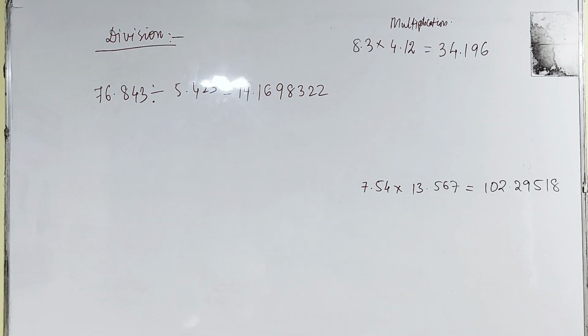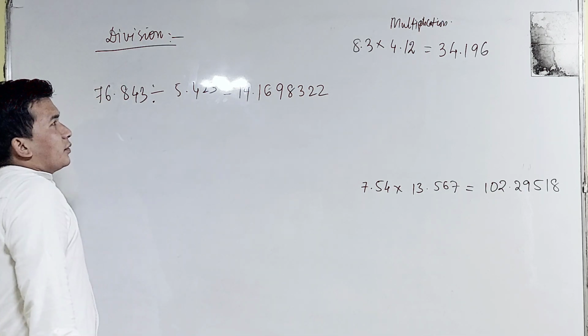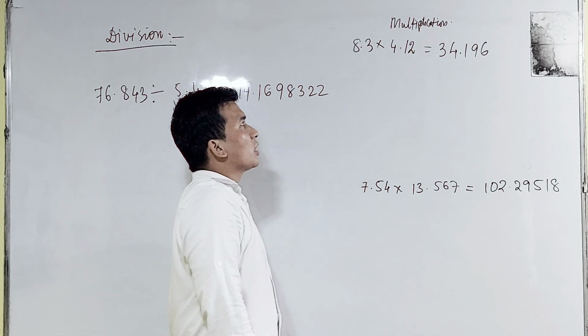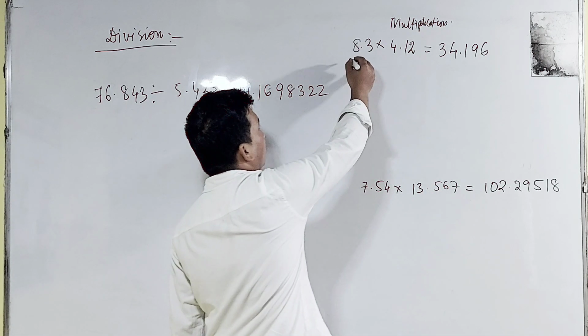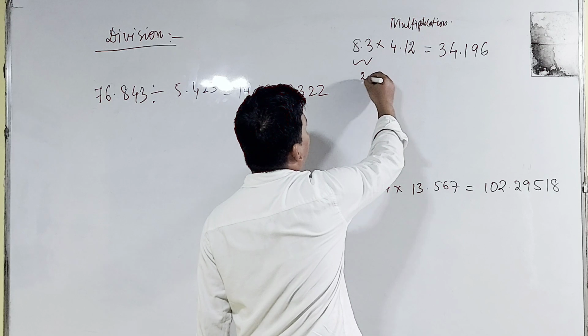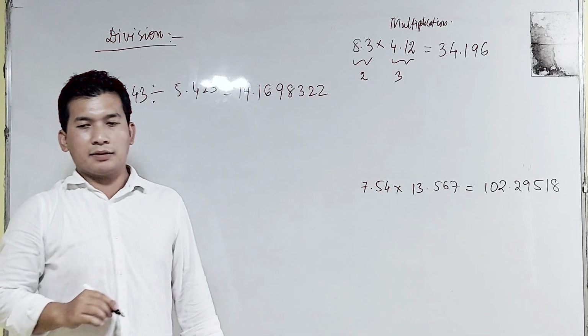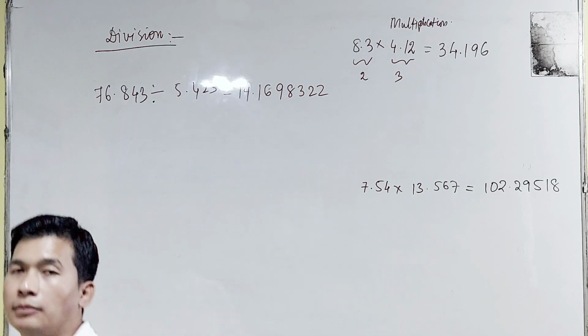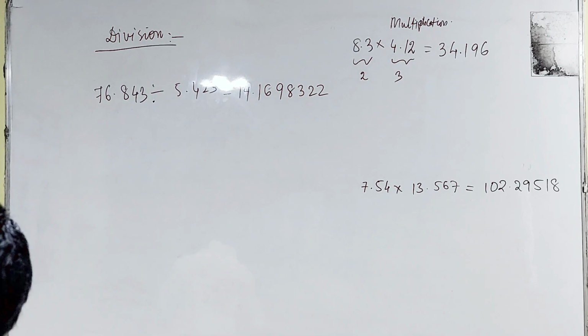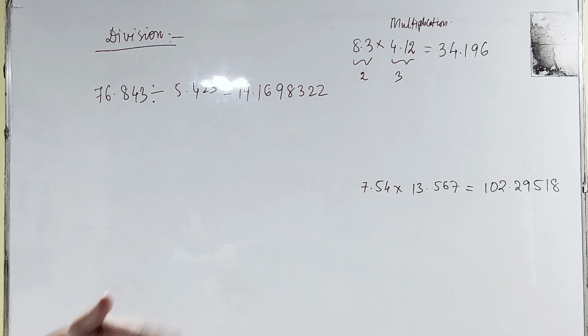For multiplication we have two numbers: 8.3, and it is being multiplied with 4.12. How many significant figures are here? This will have 2 significant figures and this will have 3 significant figures. In addition and subtraction we take the method of column addition and column subtraction, and we take whatever digit is on the left hand side.